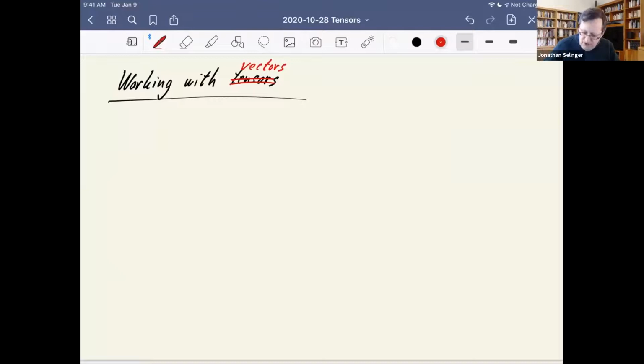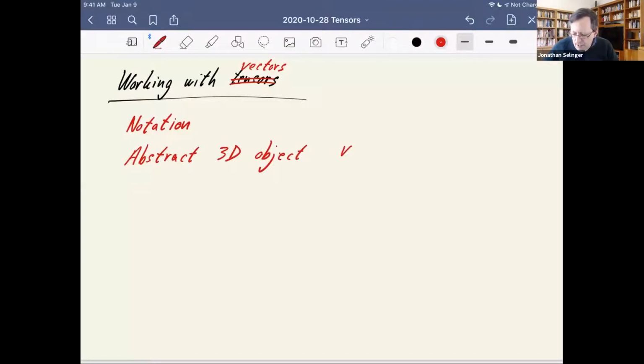So let's first think about notation. We often will think about a vector as some abstract 3D object. And so if I am writing that with a pen, I usually write a letter with an arrow over it.